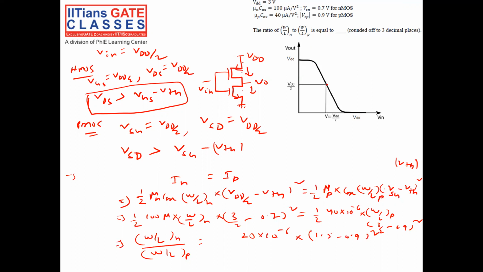whole square divided by 50 into 10 power of minus 6 into 1.5 minus 0.7 whole square. So let's use the calculator. 20 into 10 power of minus 6 into 1.5 minus 0.9 whole square divided by 50 into 10 power of minus 6 into 1.5 minus 0.7 whole square.